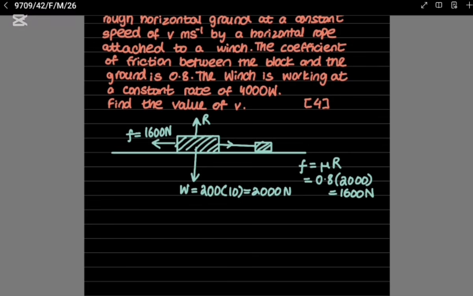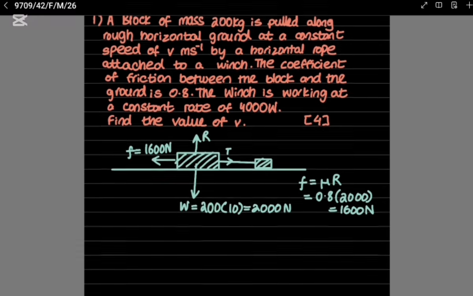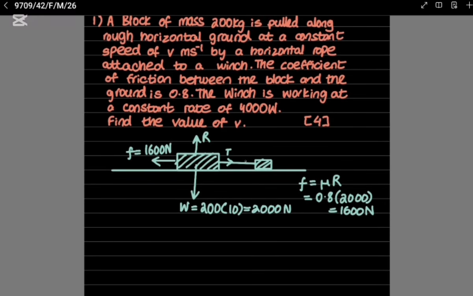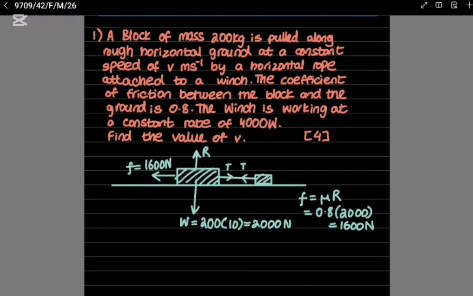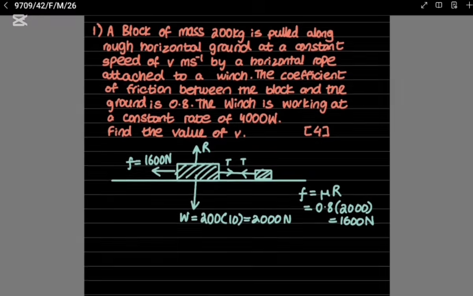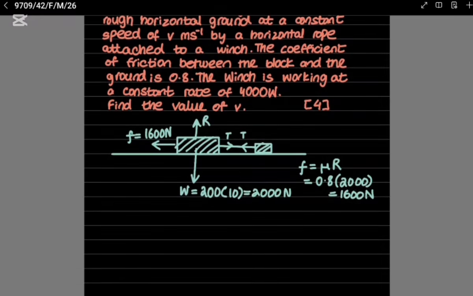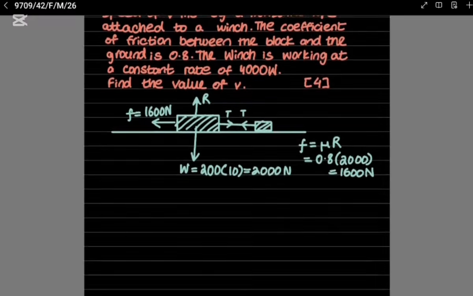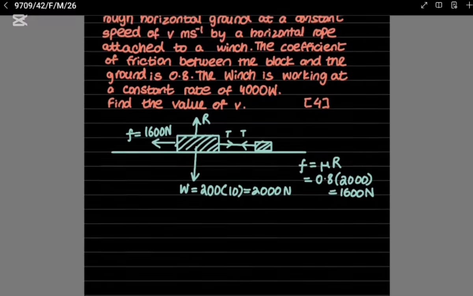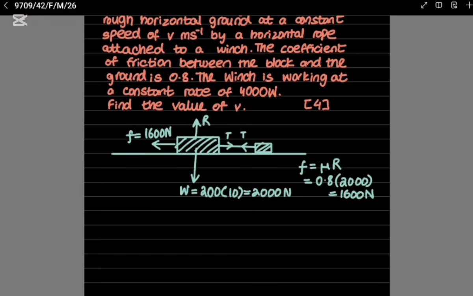Tension always acts away from the object. For the block it acts away, for the winch it also acts away, so you notice that. And the winch is working at a constant rate of 4000 watts, and we have been given that it travels at a constant speed. Is there any formula with which we can link driving force, power and the speed?